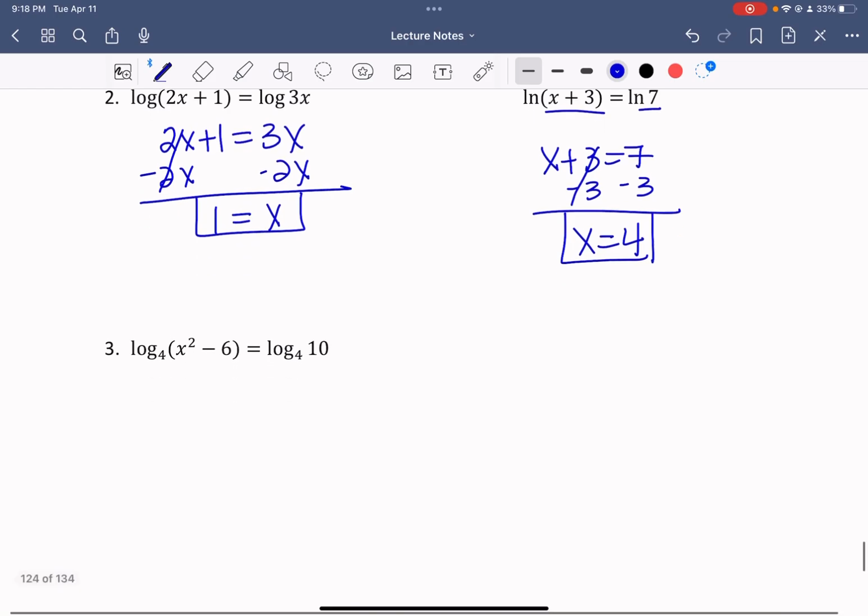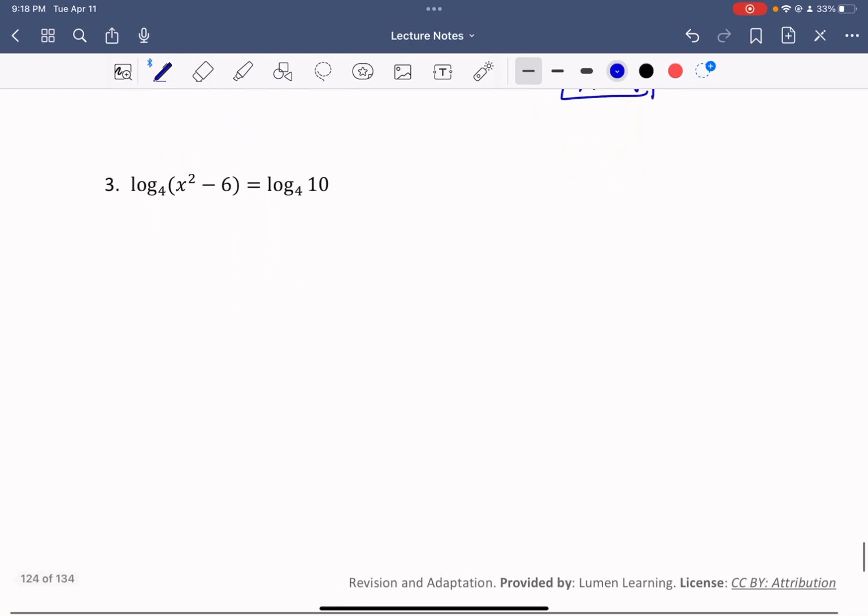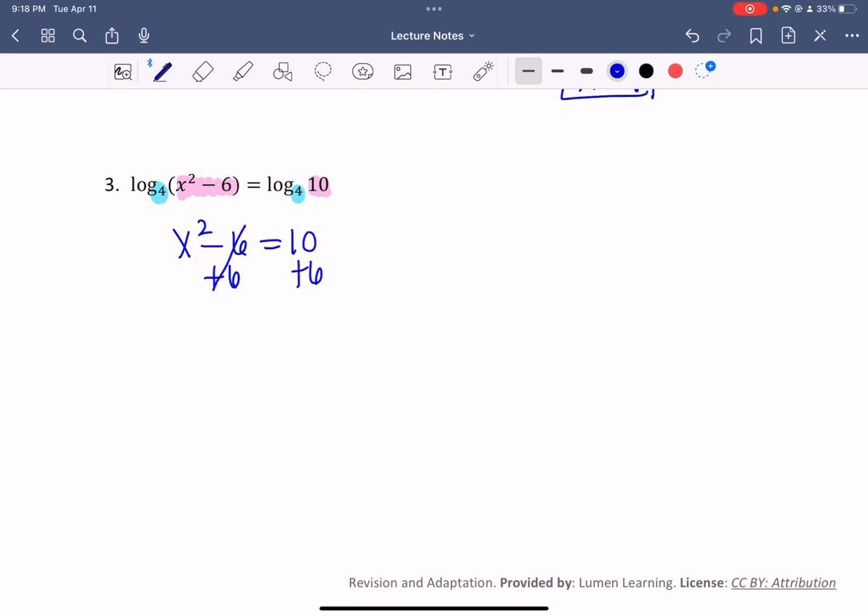The last one here looks a little bit more complicated, but again, let's apply those foundational skills. Log base 4 of x squared minus 6 equal to log base 4 of 10. Because these are both the same base, they're both log base 4, I can just set x squared minus 6 equal to 10. And I can solve it out. So add 6 to both sides. Gives me x squared equal to 16, and square root.